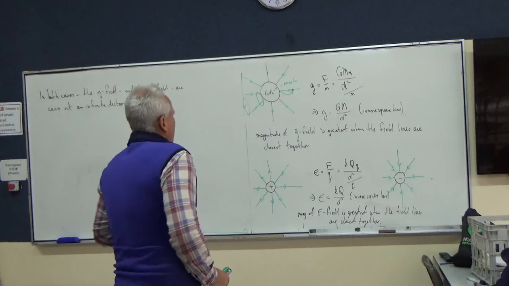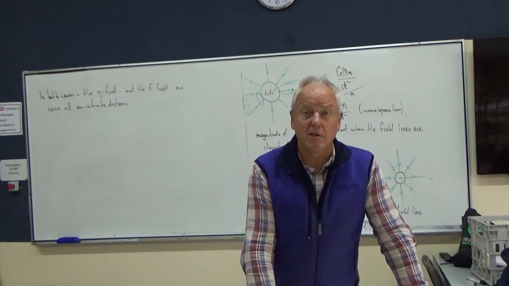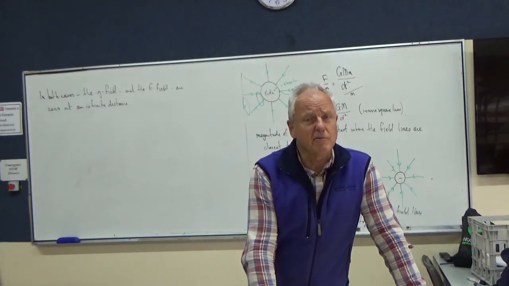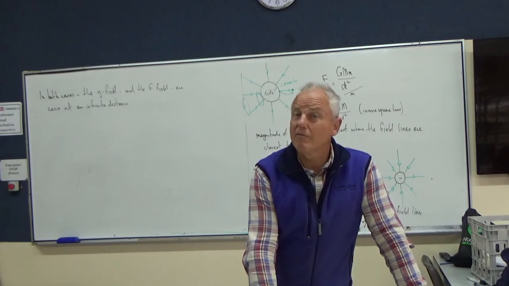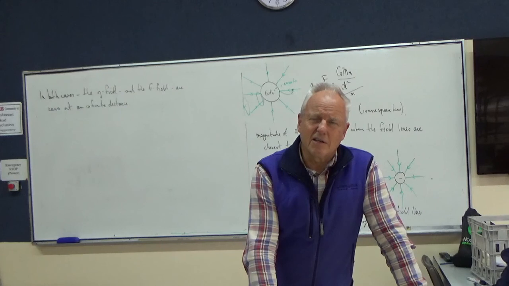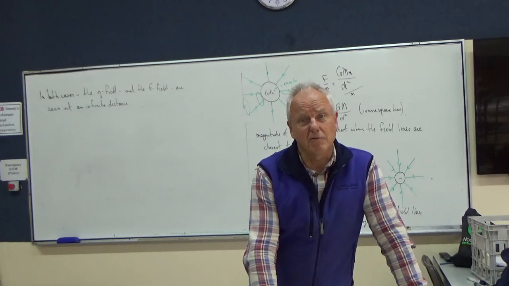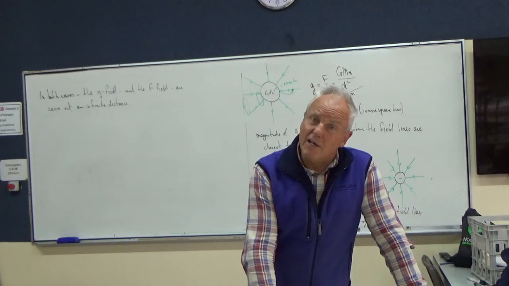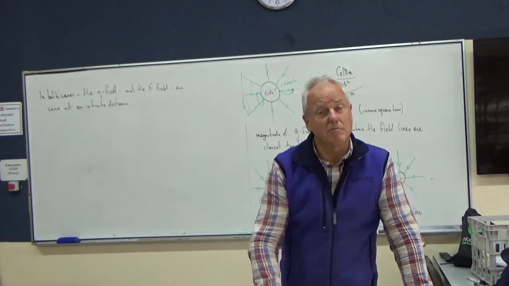Okay. Alright, we know that, like force, gravitational field and electric field are both vector quantities. So what that means is that the gravitational field or the electric field for any combination is the vector sum of the two. Let's go through that.